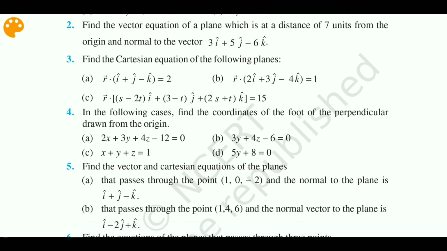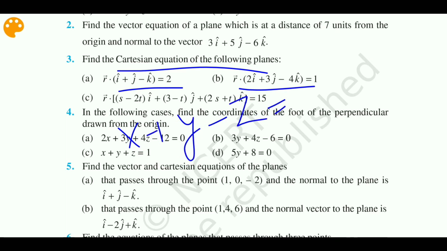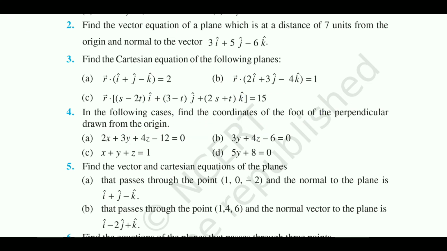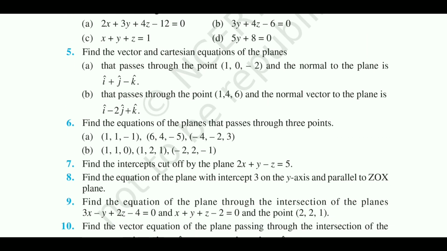Next question, we have to find the equation of a plane passing through this plane. Again very simple, Cartesian. This becomes x plus y minus z equals 2. Just replace i, j, k by x, y, z. Put a perpendicular from the origin, already told you in the example.